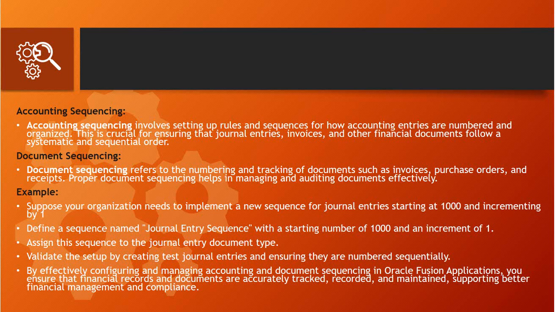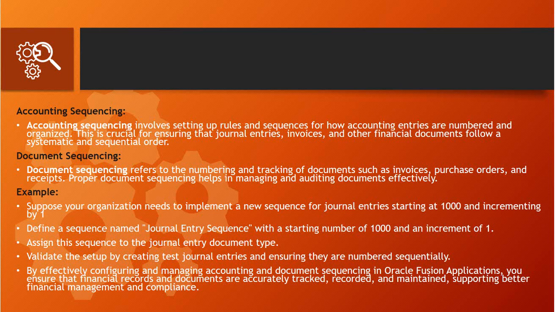For example, suppose your organization needs to implement a new sequence for journal entries starting at 1000 and incrementing by 1. Define a sequence named journal entry sequence with a starting number of 1000 and an increment of 1. Assign this sequence to the journal entry document type. Validate the setup by creating test journal entries and ensuring they are numbered sequentially.